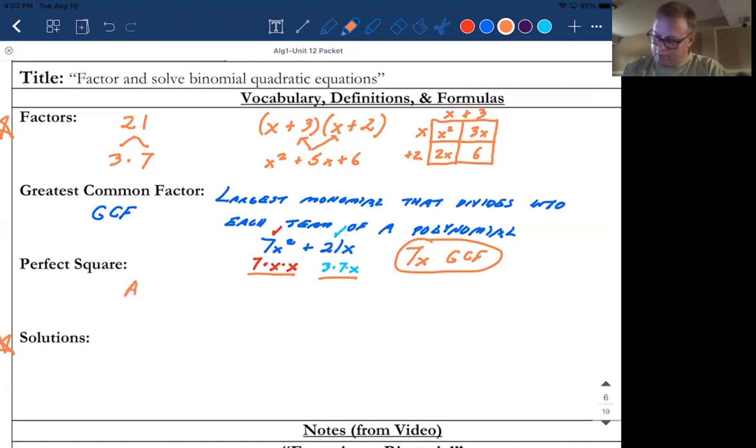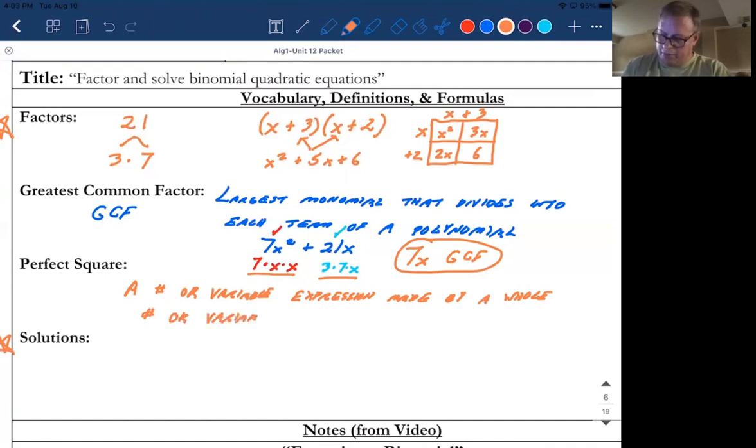A perfect square is a number, or let's say a variable expression, made by a whole number or a variable squared. I'll give you a few examples.